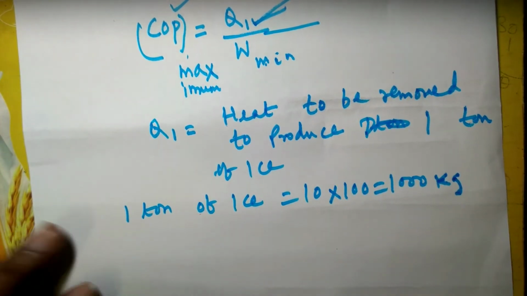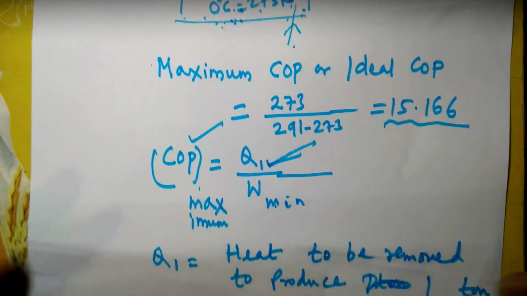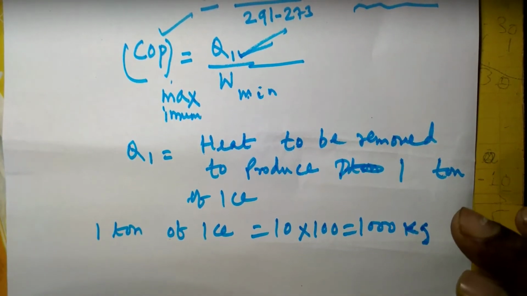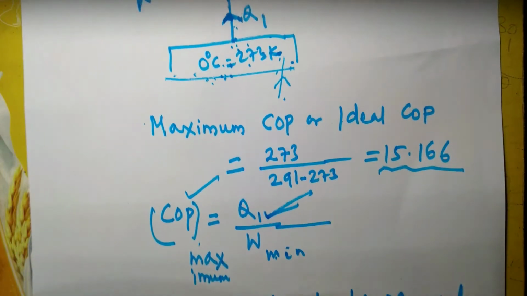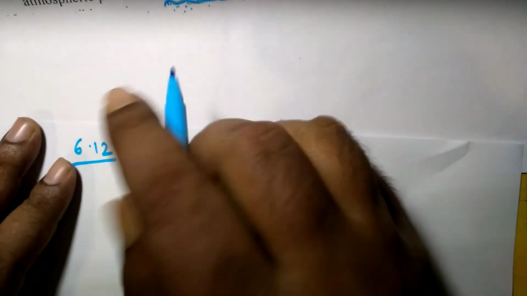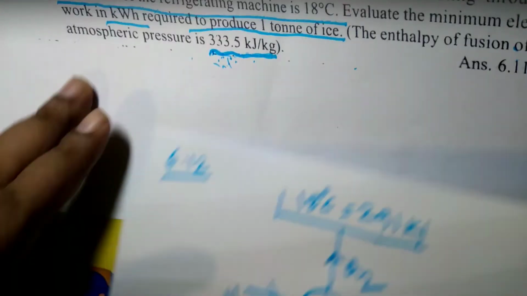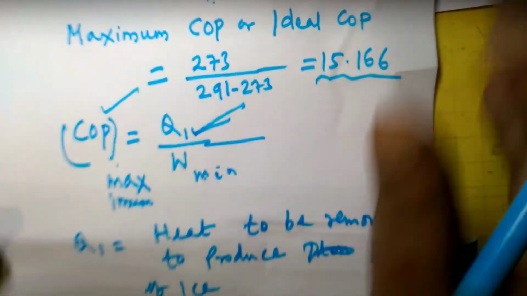1000 kg. And as per the question, the amount of heat that is removed from 1 kg of water to convert it into ice is 333.5. So for producing 1 ton or 1000 kg, what is the amount of heat to be removed?